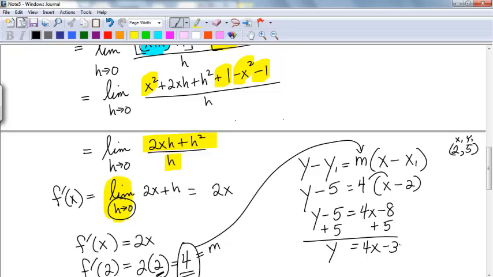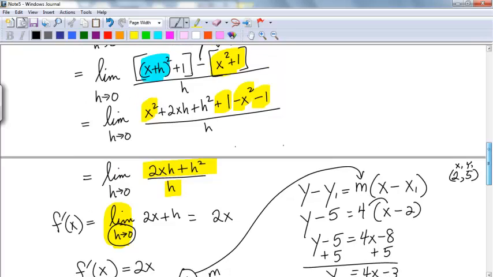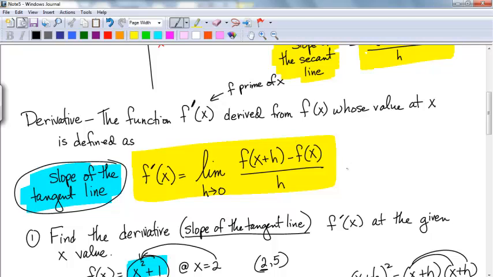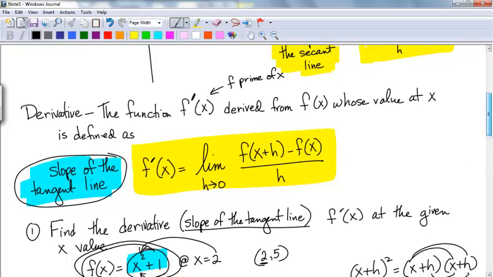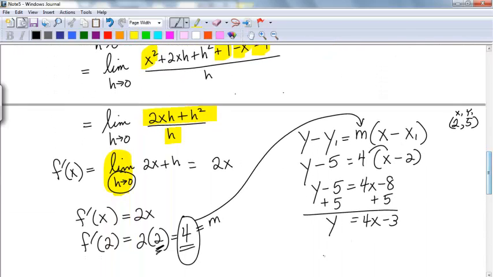Okay, let's go back and graph the original. The original equation, let's go back and put this in. Y equals x squared plus 1. Okay, let's put that in y sub 1. We know it's going to graph a parabola that opens up. It's going to intersect the y-axis at 1.